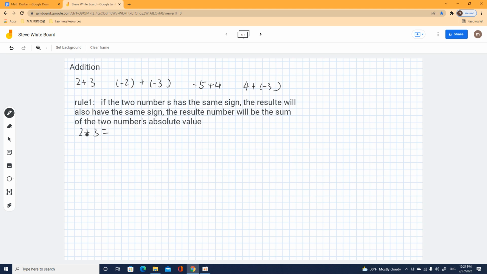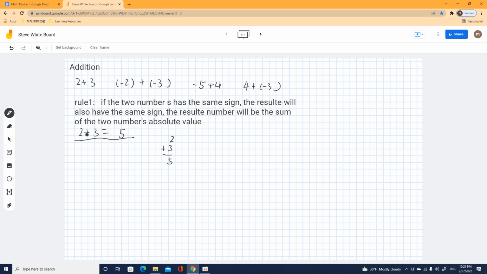In order to calculate the result number, the absolute value of 2 is 2, and the absolute value of 3 is 3. So adding those two absolute values together is 5. So the result number should be 5, and the sign also should be positive. So that is the result. That means when the two numbers have the same sign, the result also has the same sign, and the result number will be the sum of the two numbers' absolute values.